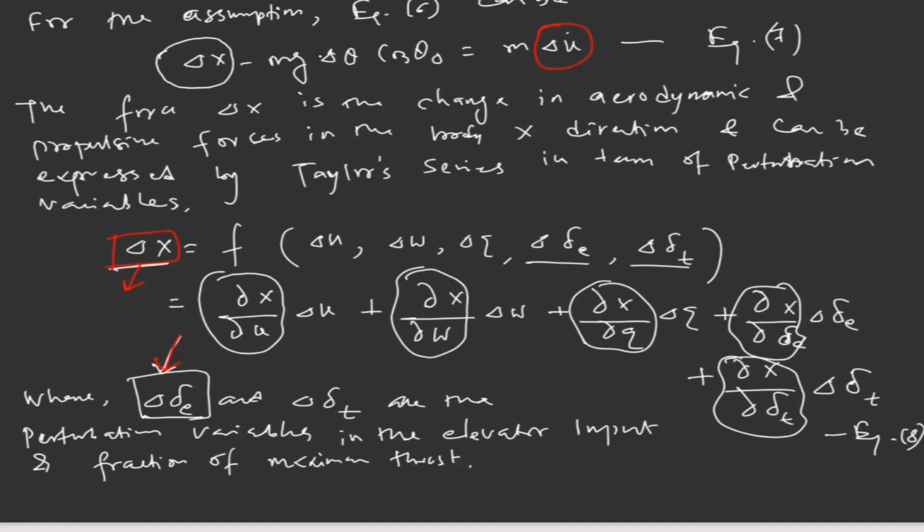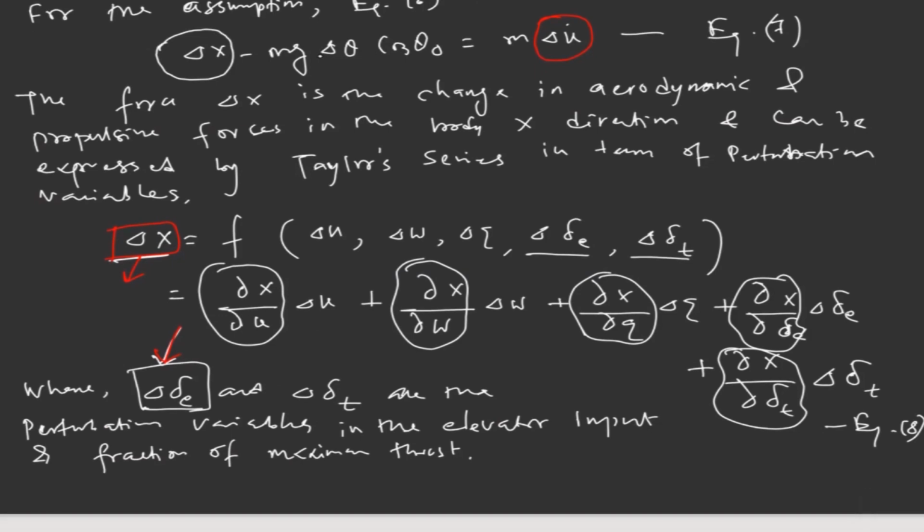We will be looking at this while designing the control algorithm. For the time being, this delta x we can write in this Taylor series expansion, where delta e and delta t are the elevator input and fraction of the maximum thrust, which are going to generate delta x. The other Jacobian terms are also involved here, due to which delta x can be generated.